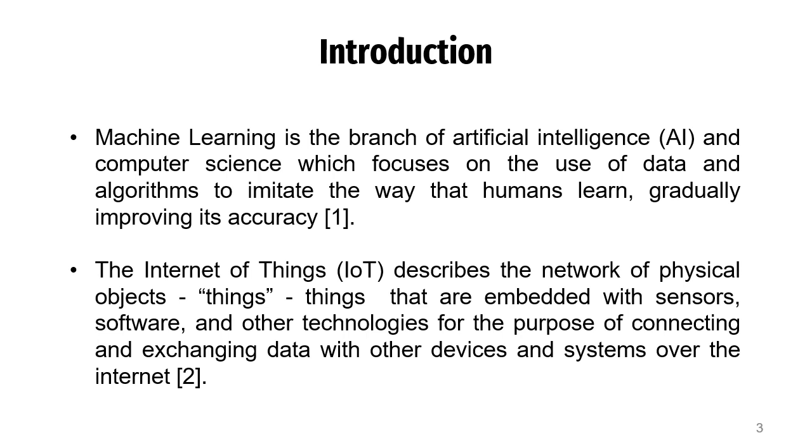Overall, the combination of machine learning and IoT has the potential to transform many aspects of our life, but will require careful management and integration to ensure that the benefits are maximized while minimizing the risk.